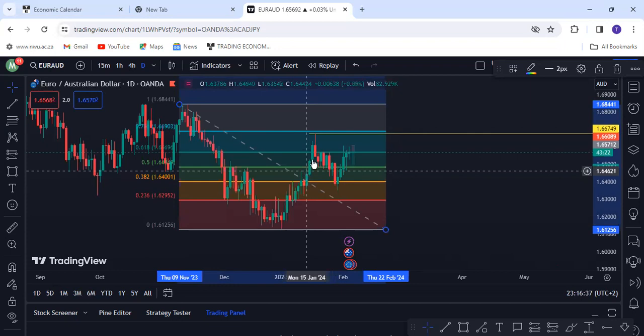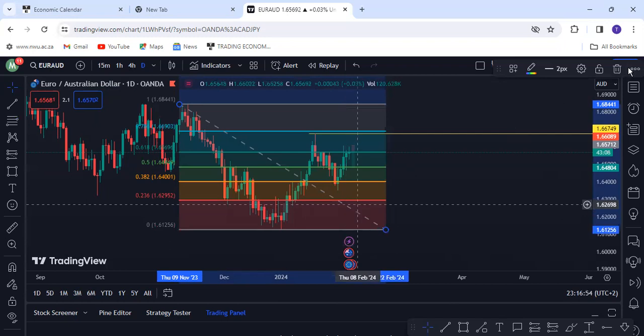And then as the market moves to the upside, we find the euro being cheaper, and then sellers came into the market. But with where we are currently, we know that we are in a bearish market.